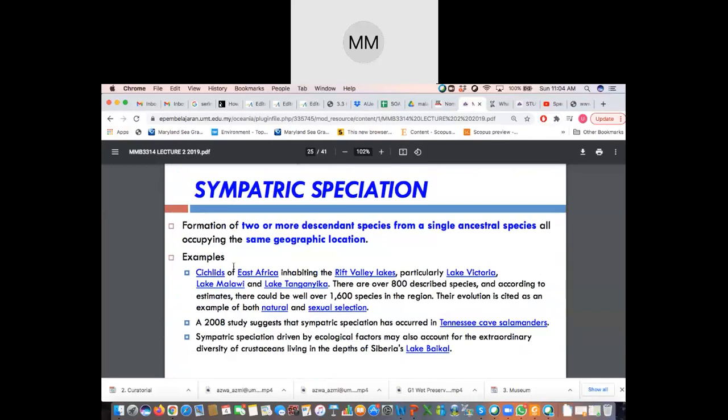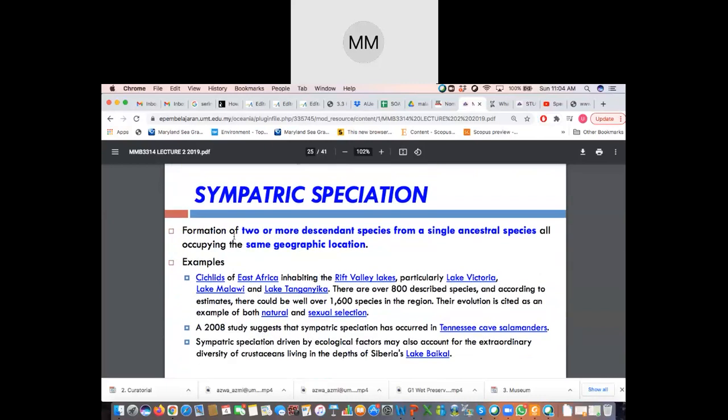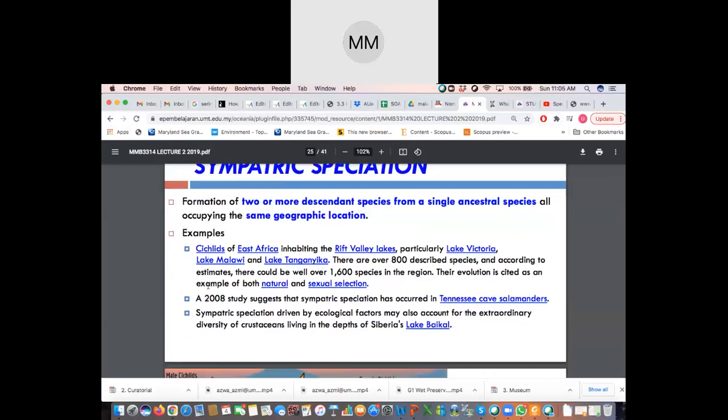So another one is Sympatric Speciation, the formation of two or more descendant species from a single ancestral species, all occupying the same geographical location. What type of examples am I talking about here? One of the more common ones is the cichlids. Examples of cichlids are flower horns; a lot of Chinese people like to keep flower horns to bring luck to their house.